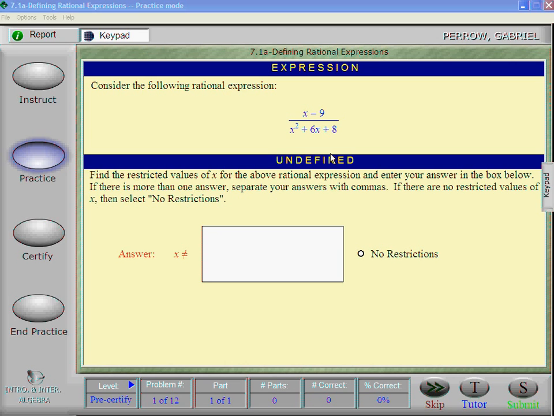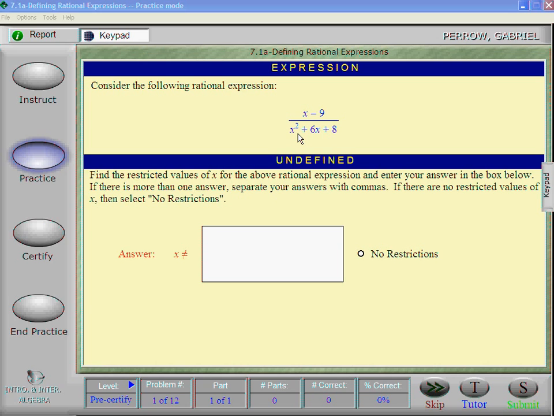So notice what we have here. 0 on the top is okay, right? If I plugged in 9, I'd have 9 here and 9 here, and I'd work it all out on the bottom. I'd get some number, but 9 take away 9 would be 0, no problem. I'd have 0 on top. But what are the things that I couldn't plug in, that would give 0 on the bottom?